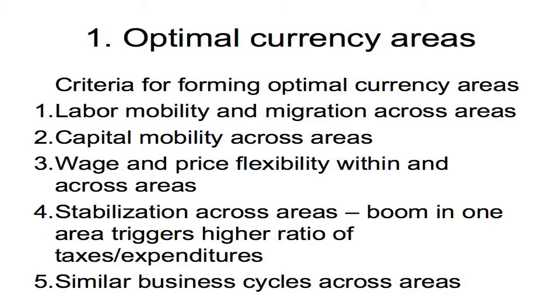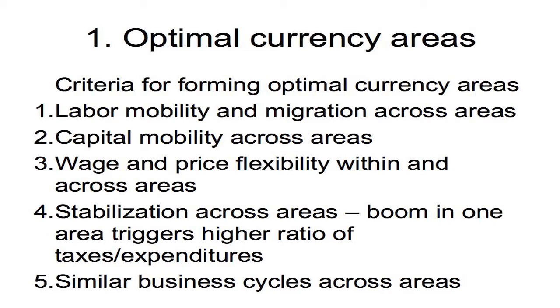What about stabilization policy? We would like to have a situation in which if a particular area is hit with a downturn, then the taxes that they pay fall and the transfer payments they receive rise. Is that true in the United States?